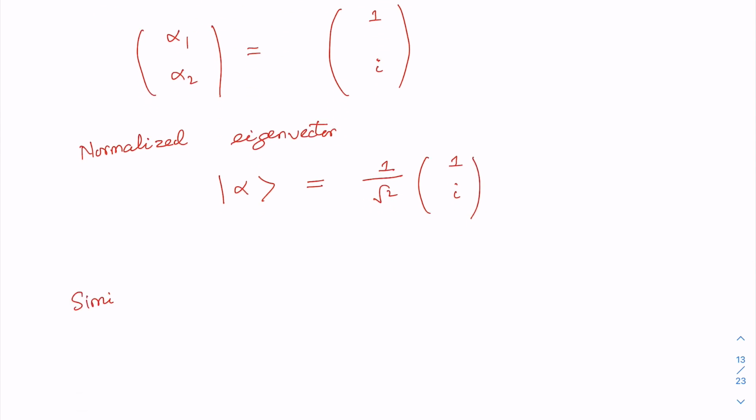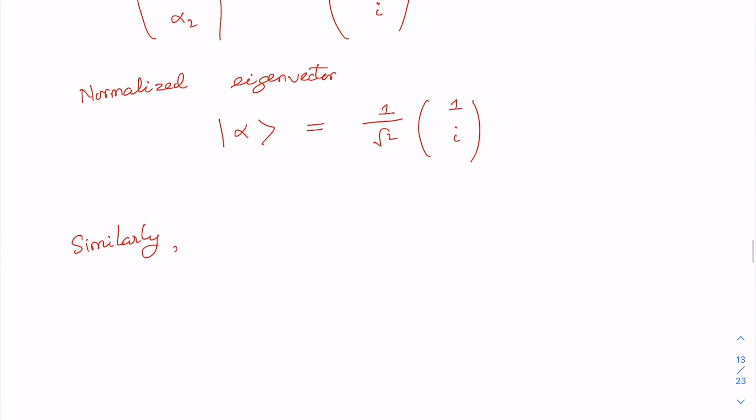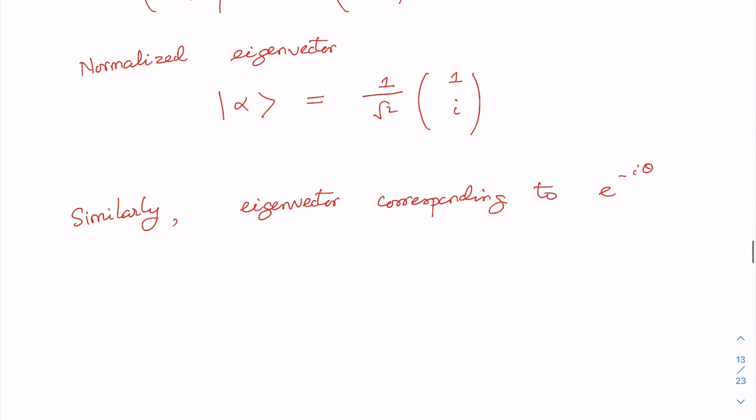Similarly, you can show by a similar process that the eigenvector corresponding to e to the power minus i theta, the normalized eigenvector ket beta, is equal to 1 by root 2 times 1, minus i.